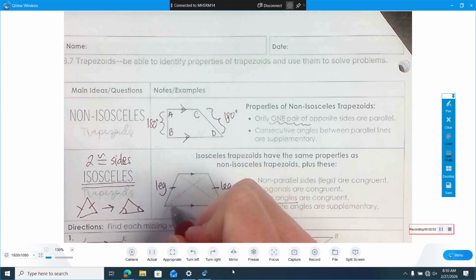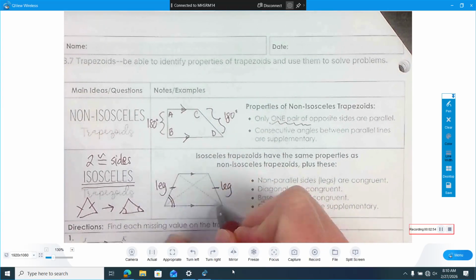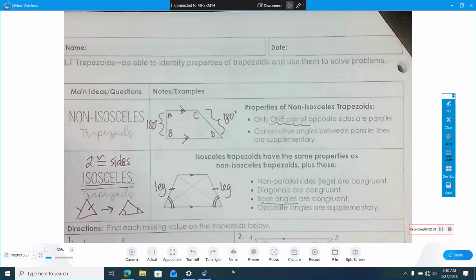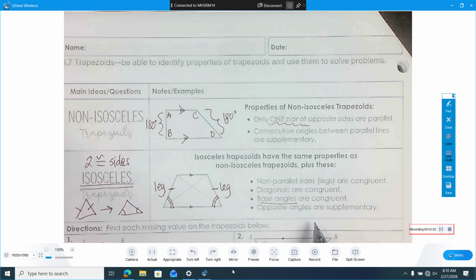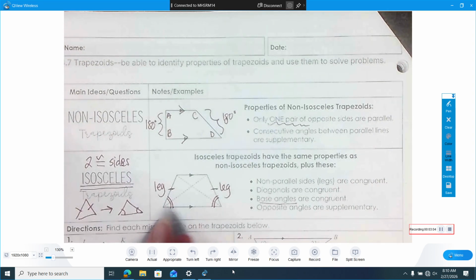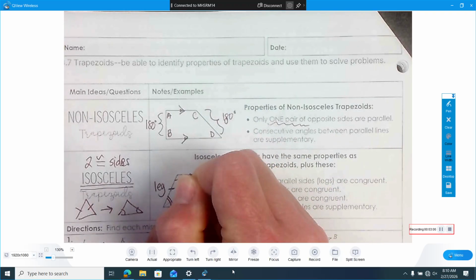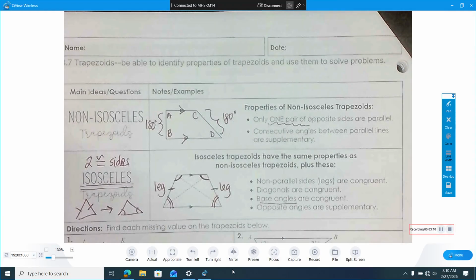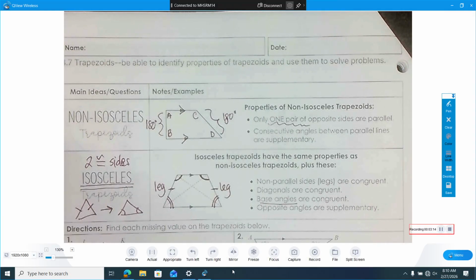That's important to recognize. Not only are the bottom ones congruent, but the top ones are congruent as well. Because it's isosceles, we get those congruent lower and upper angles, okay?